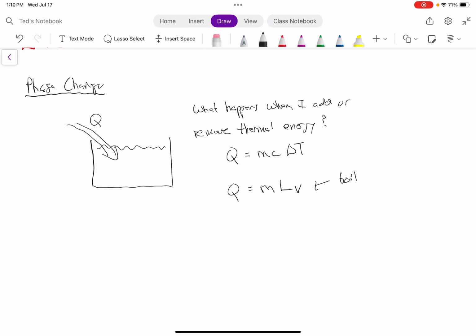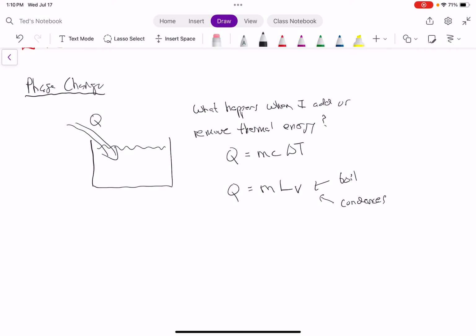This is also the amount of heat that is released when something condenses from a gas to a liquid. Those are inverse properties. So if it requires 100 joules of energy to boil a certain amount of water, you're going to get back 100 joules of energy when that water vapor condenses back into water.